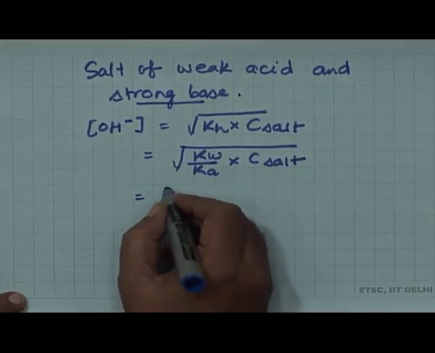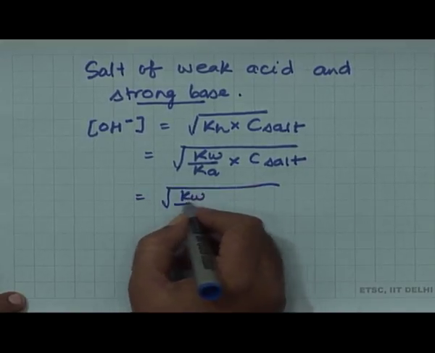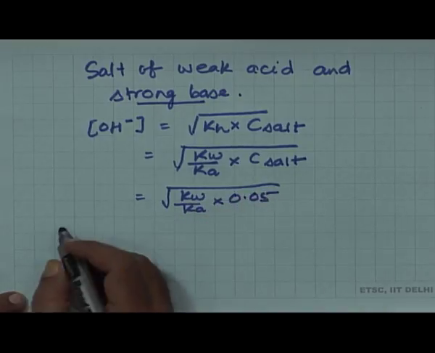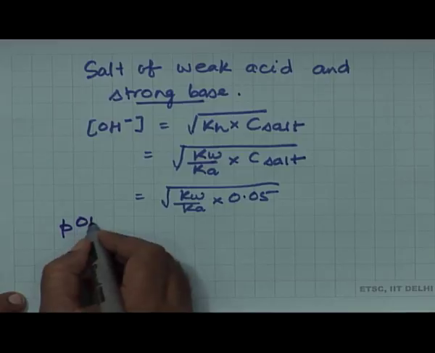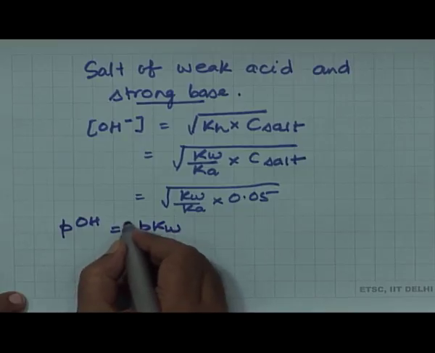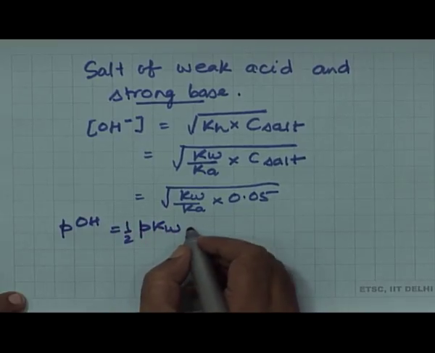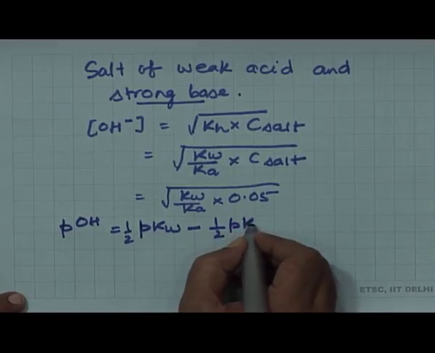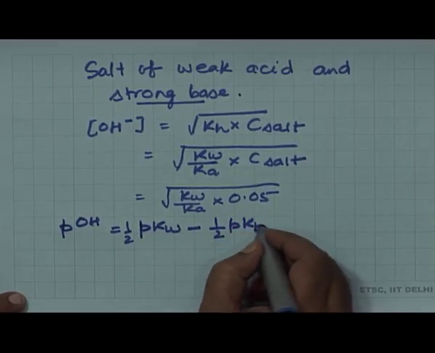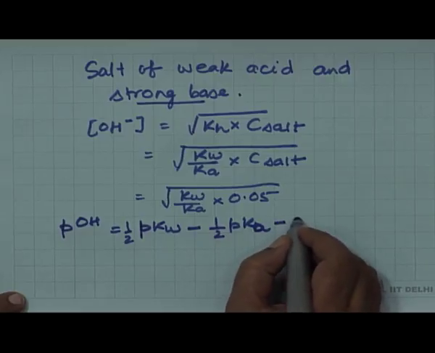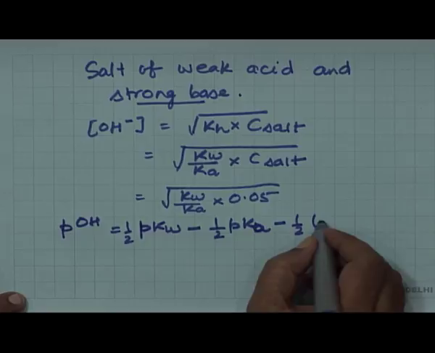This is Kw by Ka into 0.05. So, pOH will be equal to half pKw minus half pKa and minus half log 0.05.